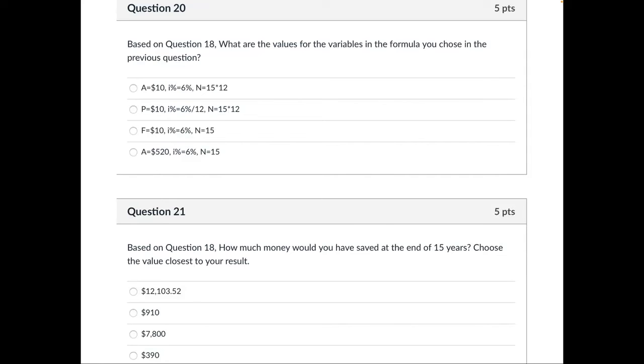Because the interest rate 6% is per year, you cannot use $10 per week as your annuity. You need to use the $520 per year saving as your annuity. So A is 520, I is 6%, N is 15 years.